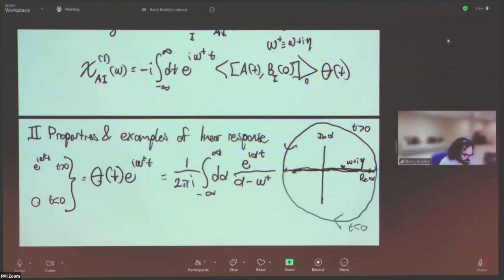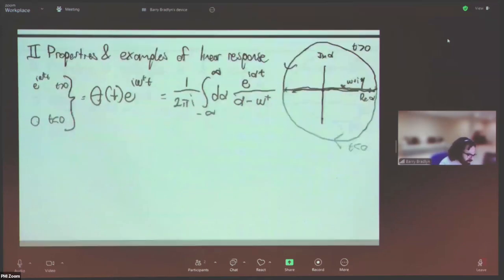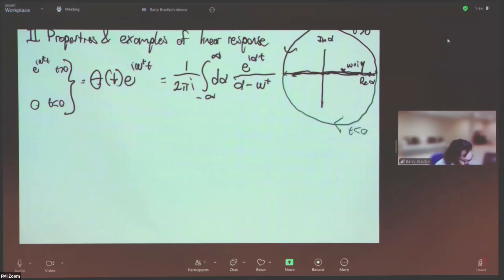Now we can use this representation of the theta function, stick it in here for the expression for the linear response function, and rearrange terms a little bit. If we do that, we find that our Kubo formula reduces to, and I'll write things as follows.